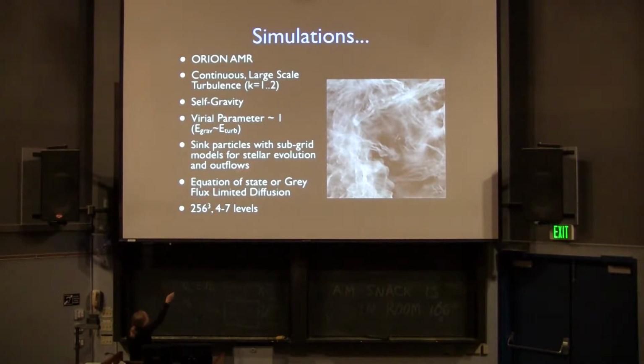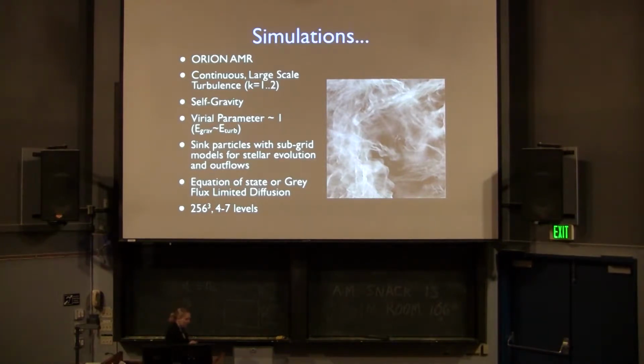We also include sink particles, as has been talked about in several talks in detail. And one of the perks of these sink particles is, in addition to doing accretion and the typical things that these particles do, we also can attach a subgrid model, which can represent either protostellar evolution and or the launching of outflows.